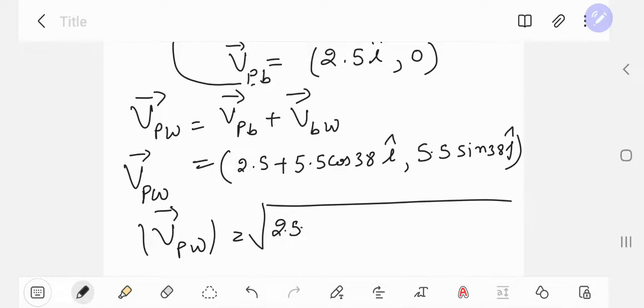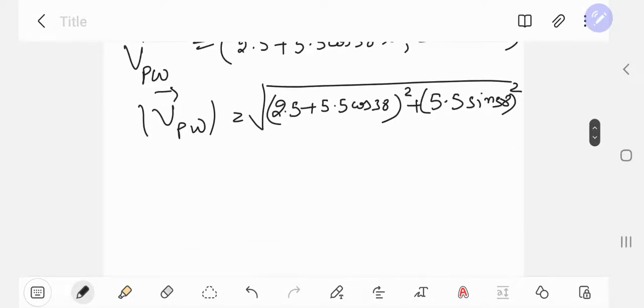So (2.5 plus 5.5 cos 38) squared plus (5.5 sine 38) squared. Okay, when you solve this, let me see how much I get. This value is 7.63 meters per second.